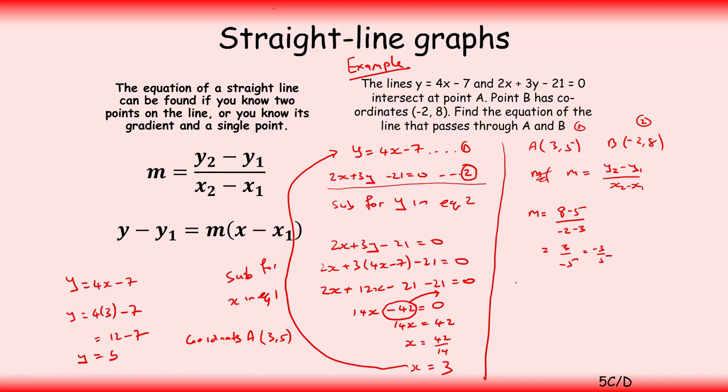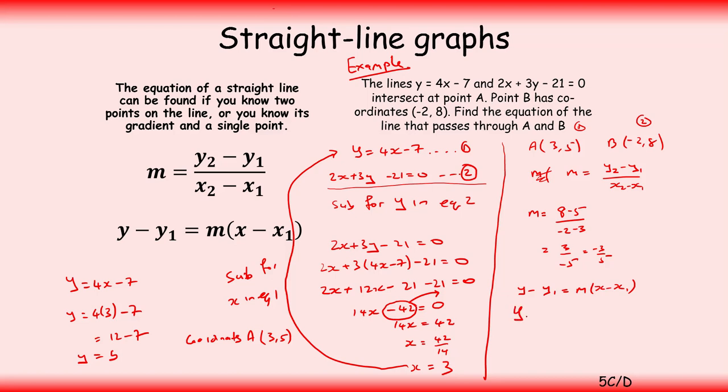So now we can use our equation of the straight line. y minus y1 equals m times x minus x1. And it doesn't matter if we use A or B. Because A has got two positive terms, I'm just going to stick with that. Doesn't matter which one you choose, and you can try this out yourself just to make sure.